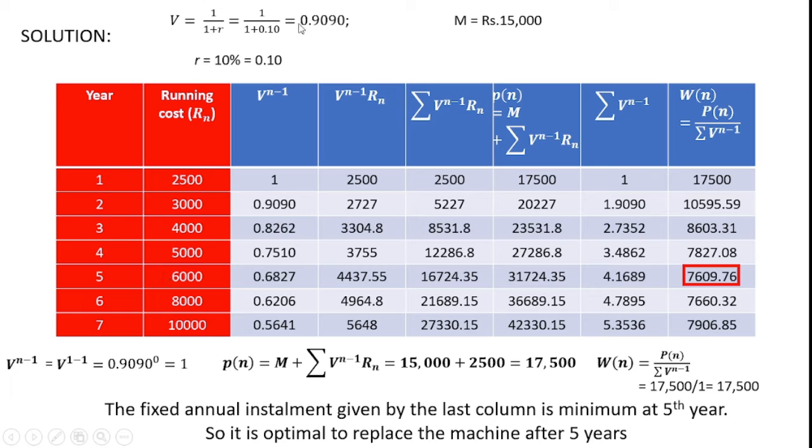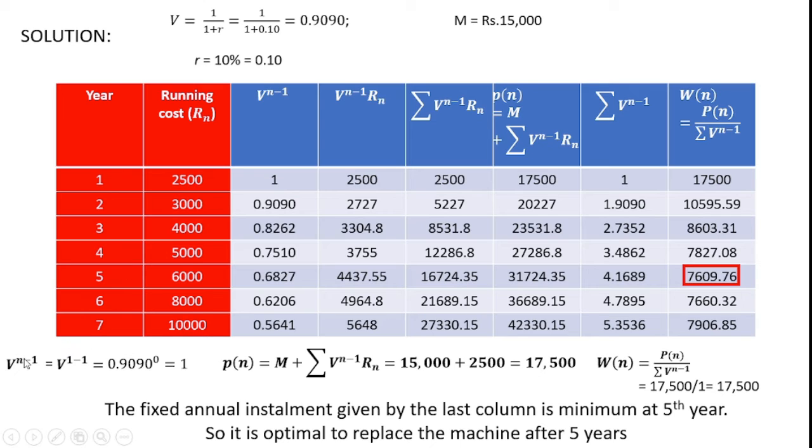Here the v value is 0.9090, so I substitute 0.9090 to the power 0, which equals 1. For the second serial number, the v value is the same 0.9090, because I got a constant v value for all the years.